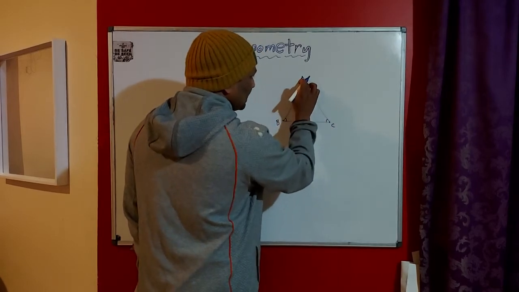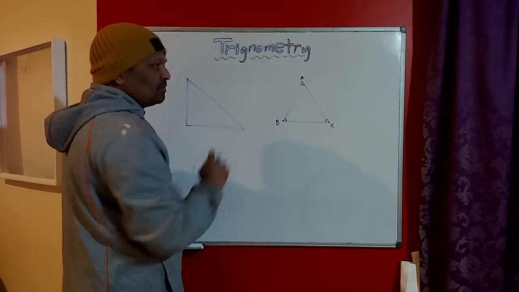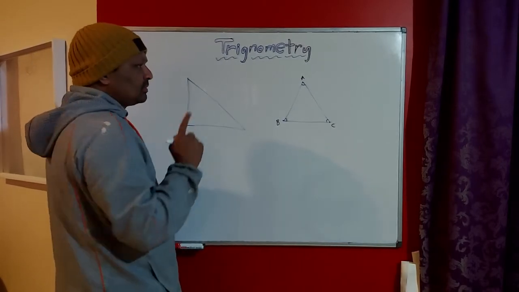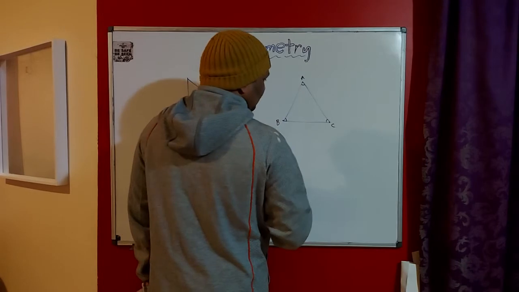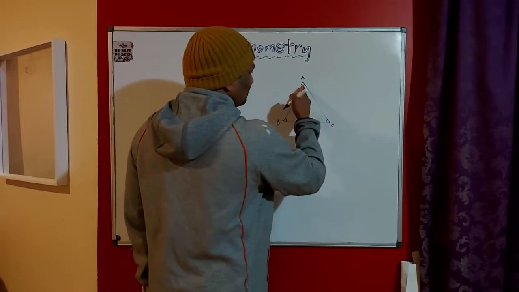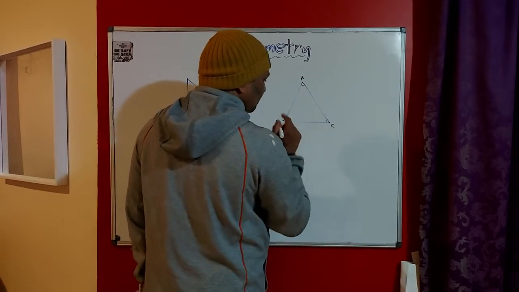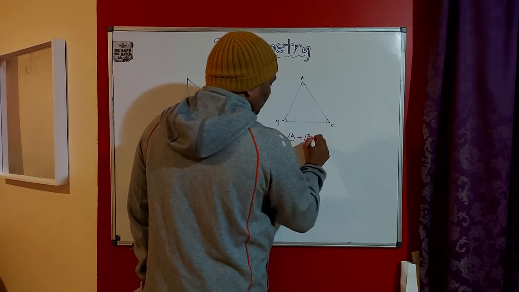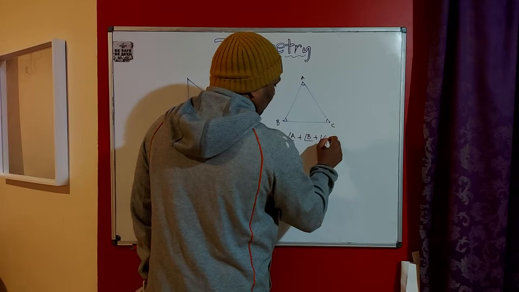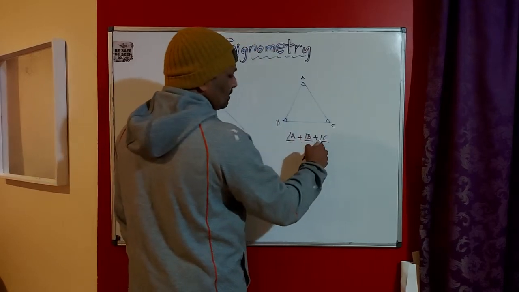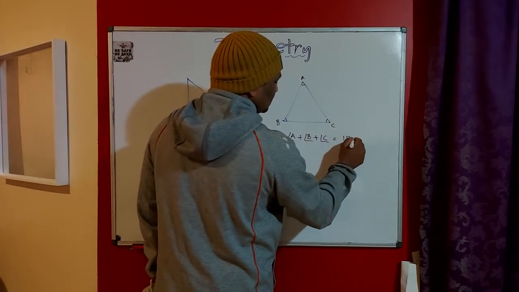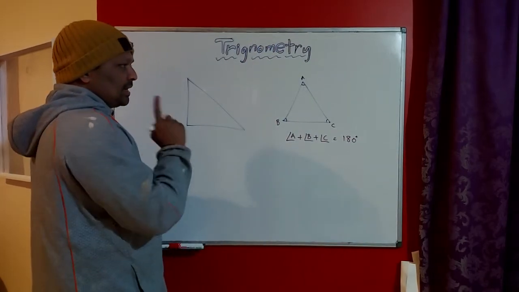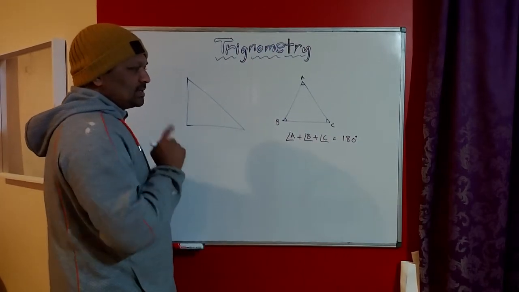The sum of those three angles should be equal to 180 degrees. To represent it in a formula, angle A plus angle B plus angle C should be equal to 180 degrees.